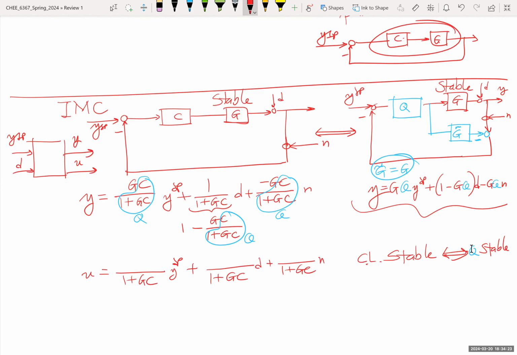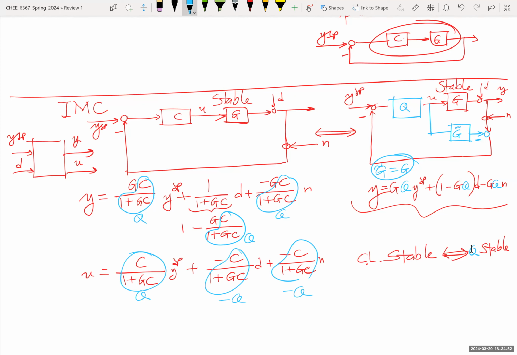Then Y set point to U is C, disturbance to U goes minus C, and noise to U is minus C. Okay, so this is Q, this is minus Q, this is minus Q.